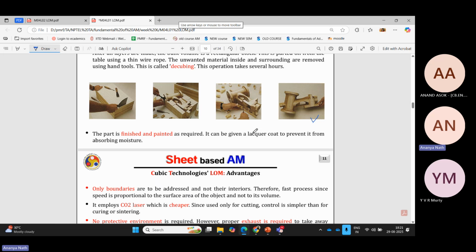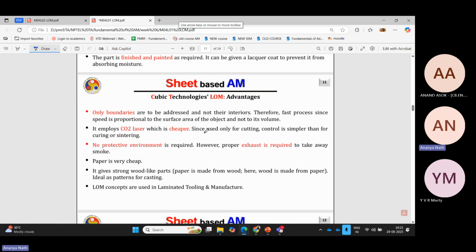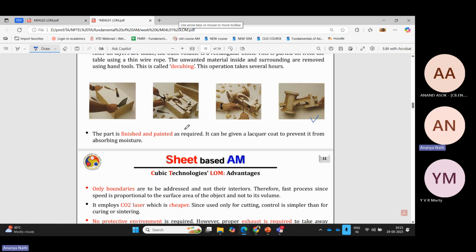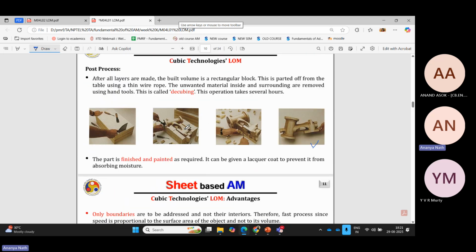But here you are not touching anything inside the part. You are just scanning with the laser outside the part where it is going to be removed. So that's why printing time is less, but the decubing operation is lengthy. It takes several hours. That is also kind of a disadvantage.